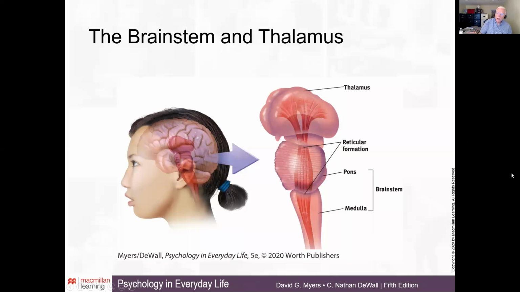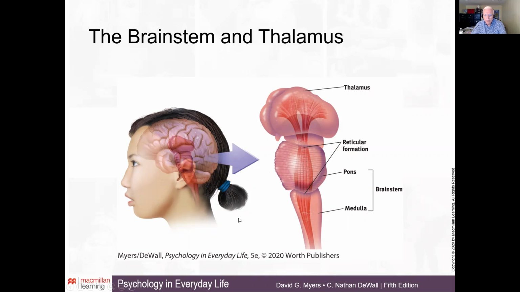Let's take a look at some of the structures of the brain. In thinking about the organization of the brain, different structures in the brain and their functions, we can think of the lower areas of the brain as being the more primitive areas of the brain, and the higher areas of the brain being the more evolved areas.